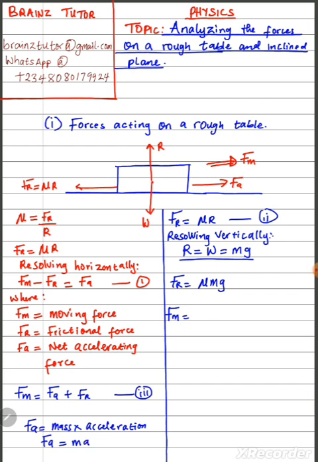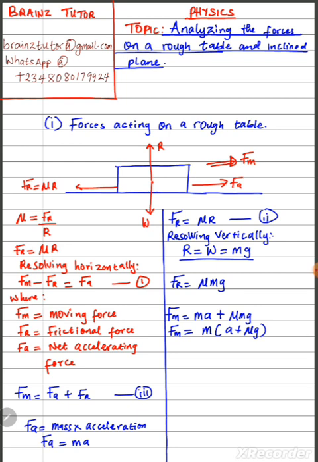So I have Fa, which is ma, plus Fr, which is equal to mu mg. So if I factorize m, I have m is common, so I have m times a plus mu g. So this is a simple way to analyze the forces on a rough table.